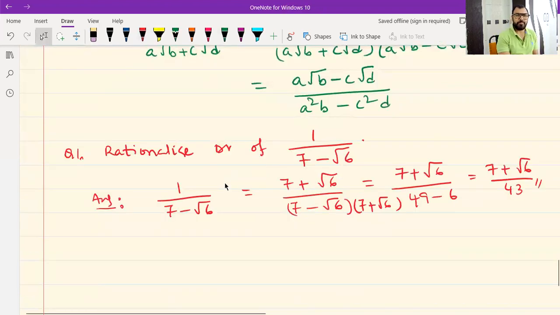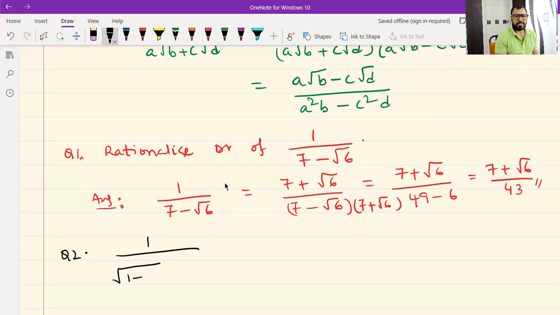I'll give you another example. 1 by root over 1 plus x squared plus 1. So we have to rationalize it, right?